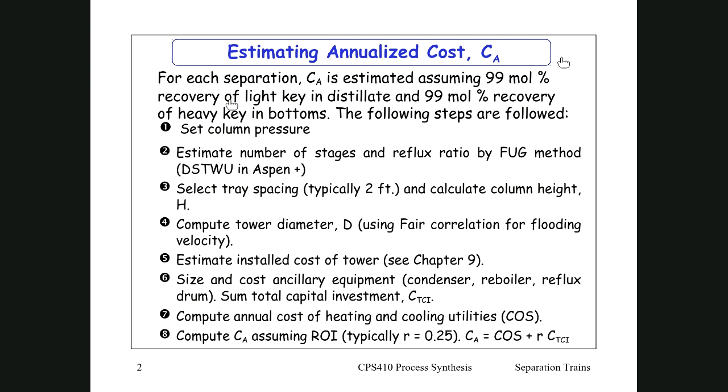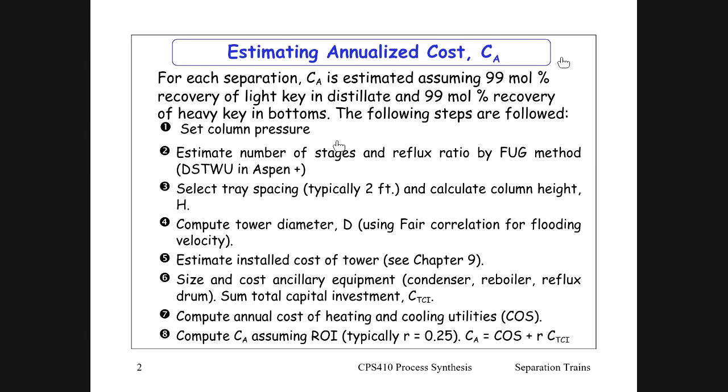So we have to estimate an annualized cost, and that means that we must take into account capital cost and the running cost. And to get, for a single distillation column, to understand what is the capital cost and running cost, we must actually design the column.